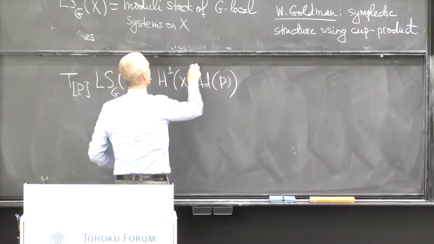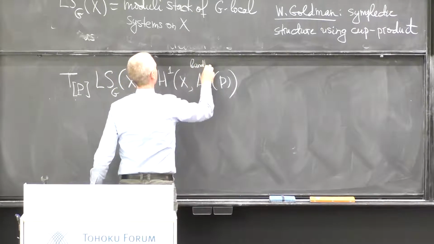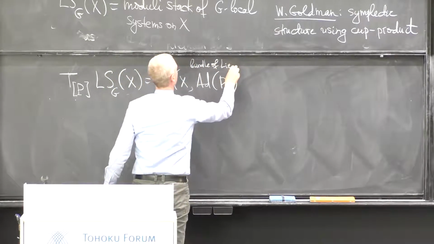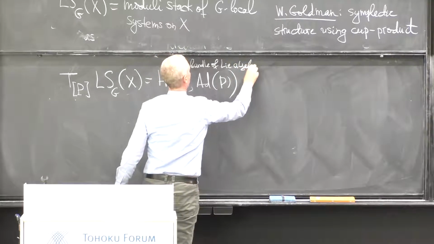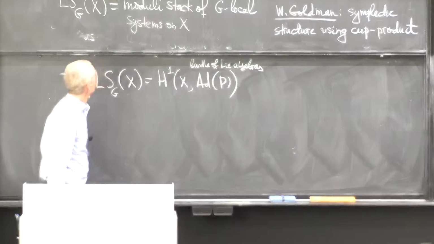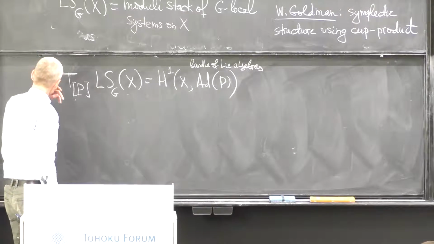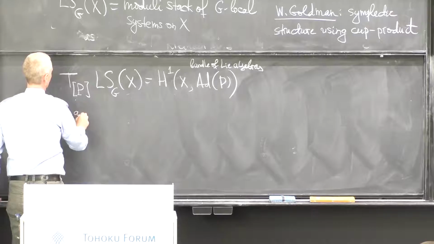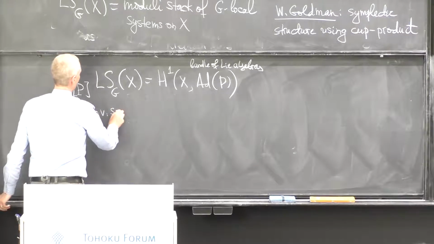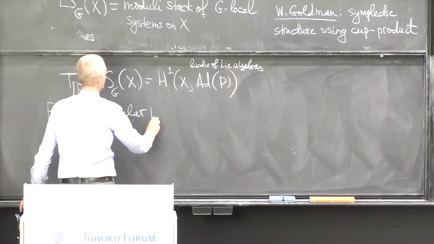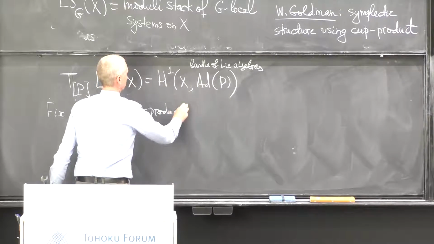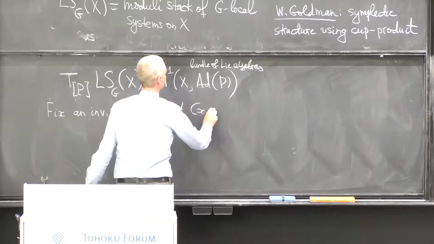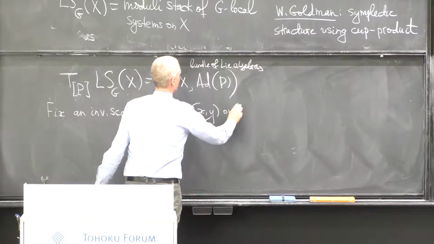And this is a bundle of Lie algebras. So now, if G is a reductive group, we fix an invariant scalar product, call it (x, y), on the Lie algebra g.